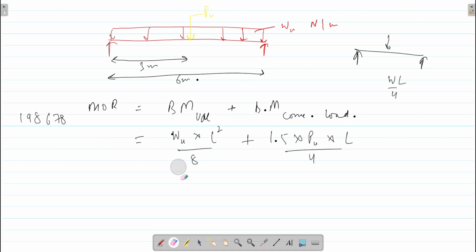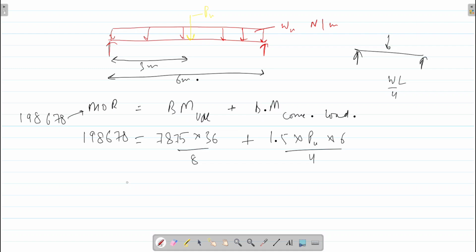Let's place the value here, 198,678. And this WU is 7875, so also place the value here. L square value is 6 square, that is 36, and here 6.